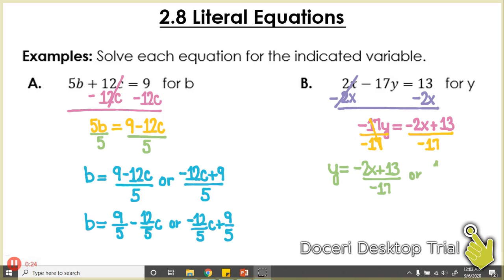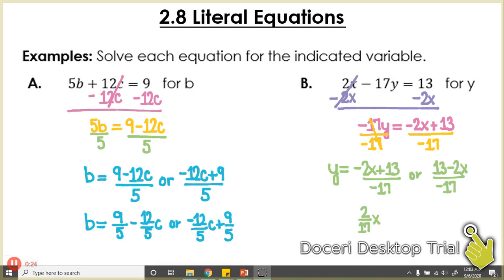Or if you wrote down the 13 first, that's fine. Then you would have minus 2x all over negative 17. And again, we could split those. Negative 2 over negative 17. Now you do have to know a negative over a negative is a positive. So we could also see this as 2/17 x.